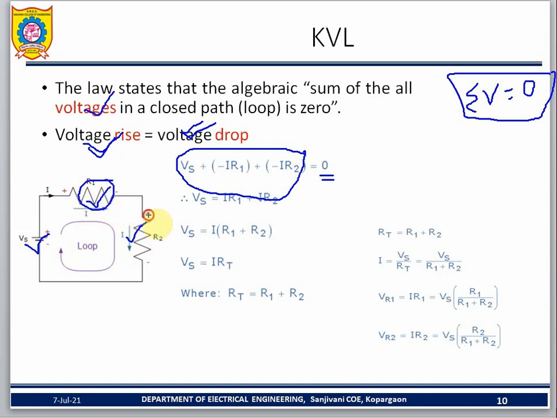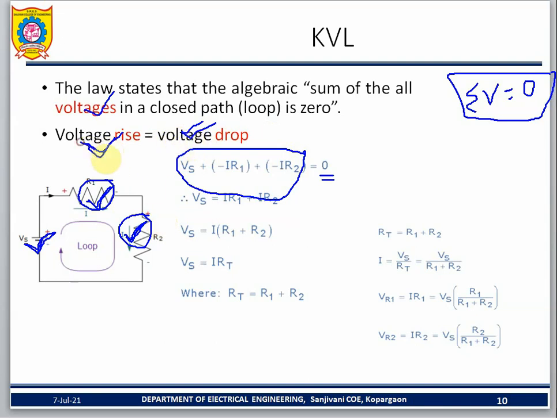Your father is earning 50 rupees. 25 rupees you take, another 25 rupees your brother or sister takes. So 50 is equal to 25 plus 25, 50 consumed.